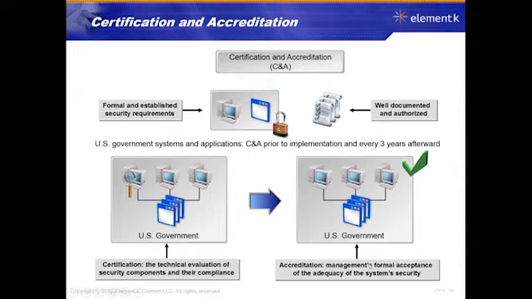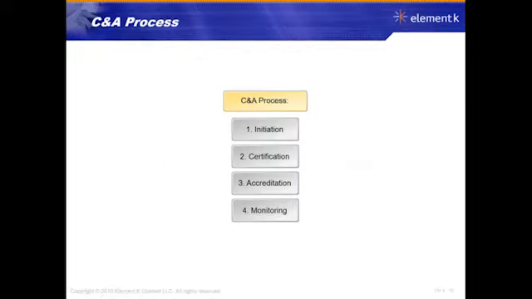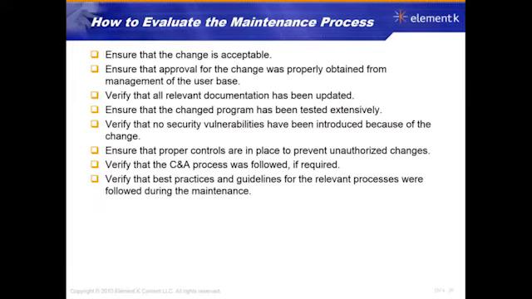And then with accreditation, management has formally accepted the adequacy of our system. In the C&A process, you'll start by initiation, and then you'll get certification and accreditation, and of course, there has to be regular recertification.